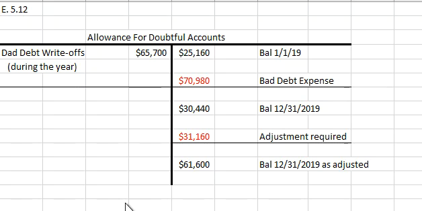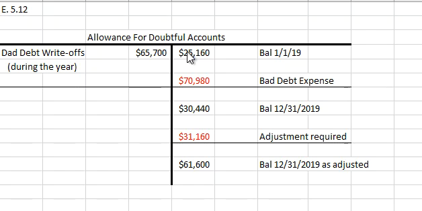I have here a T account, and it has your allowance for doubtful accounts. Now understand that in the United States we call this allowance for doubtful accounts because we've gotten bitten by the political PC bug here, trying to sound softer than bad debt.